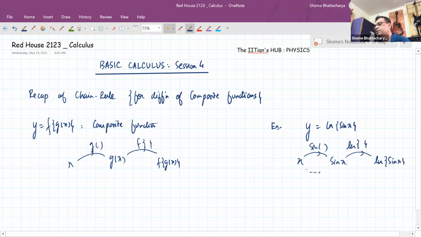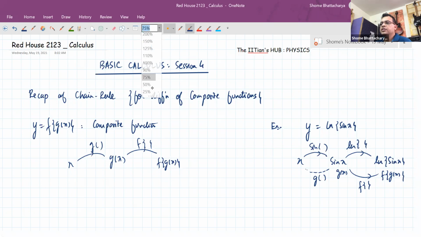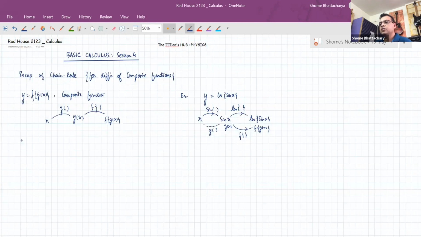So this is the operation of the g, you can say. So this is our g of x, and this is the operation of f. So this is f of g of x. So that's why this is a composite function. So for differentiation of a composite function by chain rule, we saw that there are 3 steps. Substitution step.